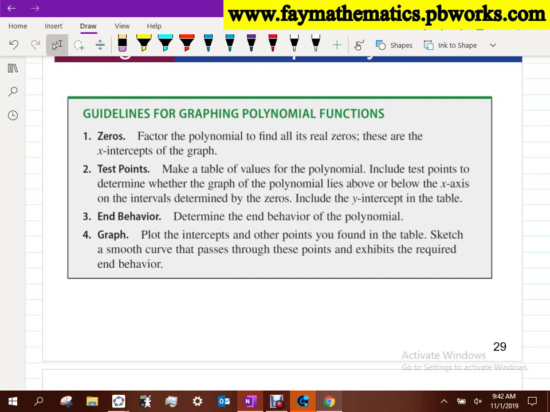The first thing we're going to do is find zeros. Factor the polynomial, and find all its real zeros. Those are going to be your x-intercepts. When they say factor, that means all your factoring skills that you possess. Perhaps some technique, AC method, quadratic formula, use substitution and the quadratic formula together.